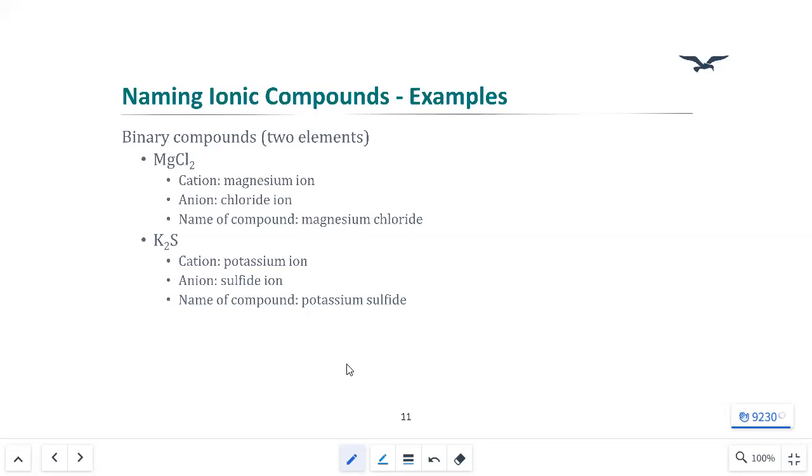Cl is just a monatomic ion, so we have to change chlorine to chloride. So that's where we get chloride ion here. Put the two together and it's magnesium chloride. Notice that when we go from the ion name to the compound name, we drop that ion ending because it's no longer charged.